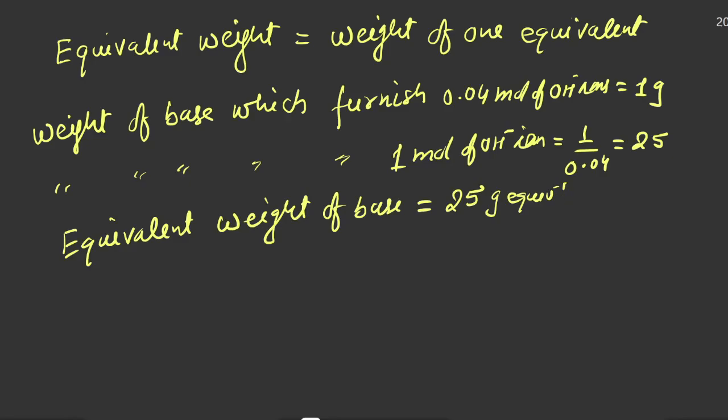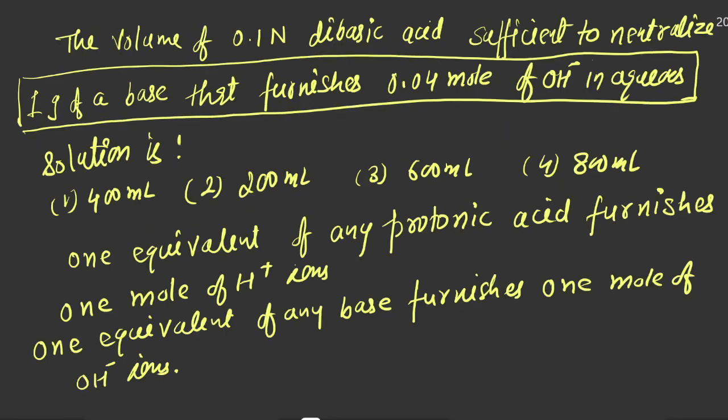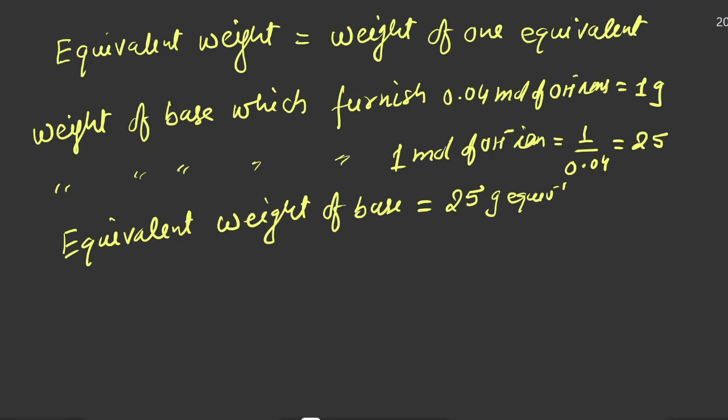Now you can apply that relation, N1 V1 equal to N2 V2. Here it is dibasic acid on one side and base on the other side.